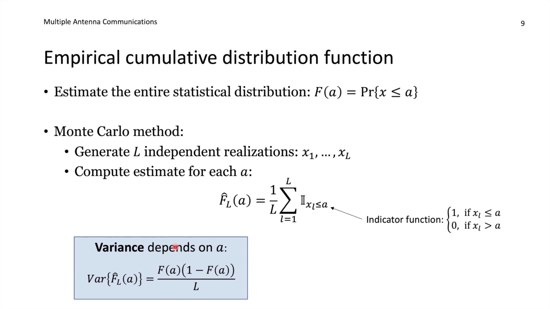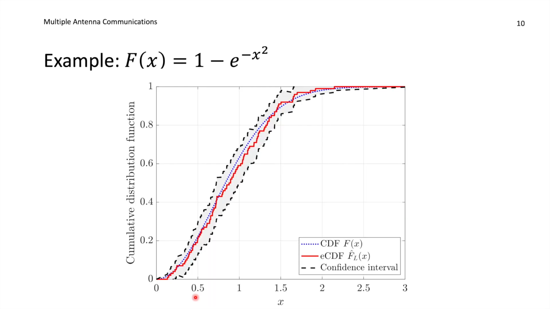And therefore, the variance expression here will contain the CDF value multiplied with 1 minus the CDF value. So these are essentially the probabilities of getting a 1 times the probability of getting a 0. And then we divide with the number of samples, just as before. So the variance will go down inversely proportional to the number of samples that we are having.